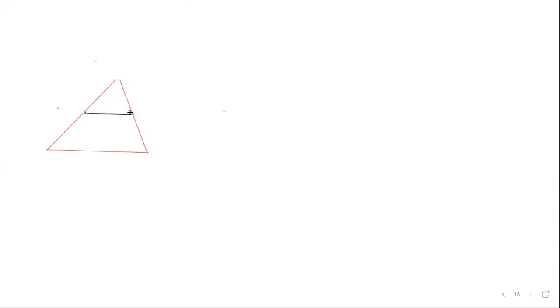Join these midpoints, and then also join these midpoints, and also join these midpoints. So if you take the three midpoints of the three sides and join them, you get a new triangle inside. And actually the whole triangle is split four ways. Right?